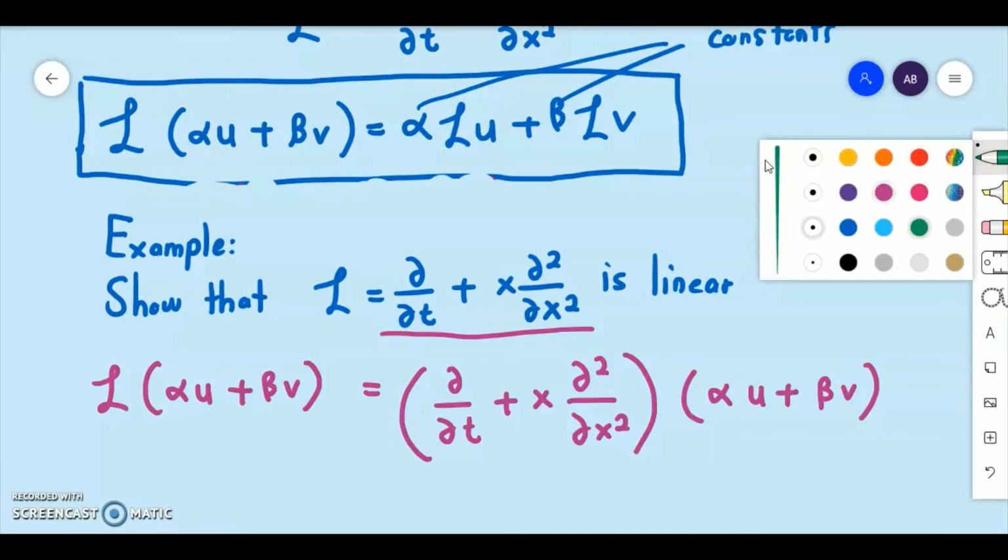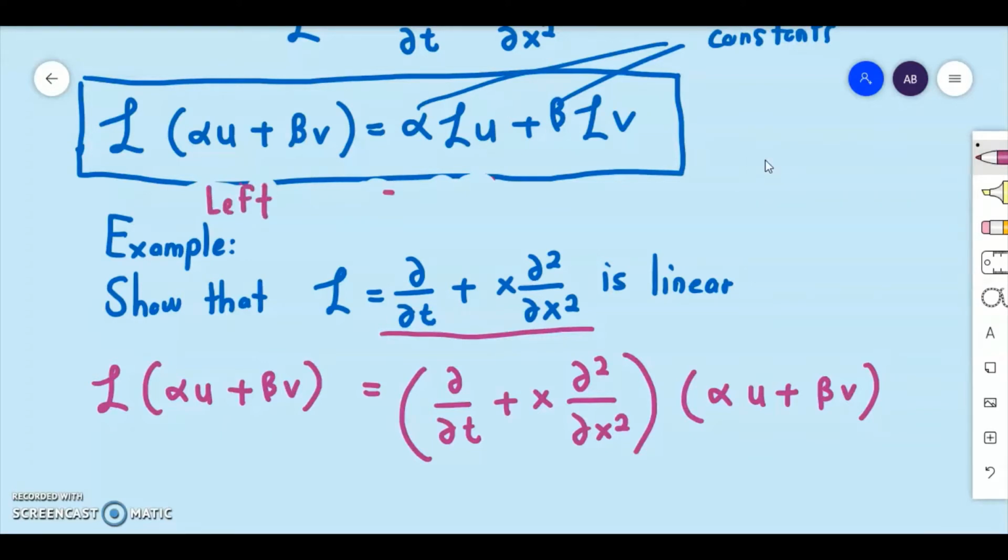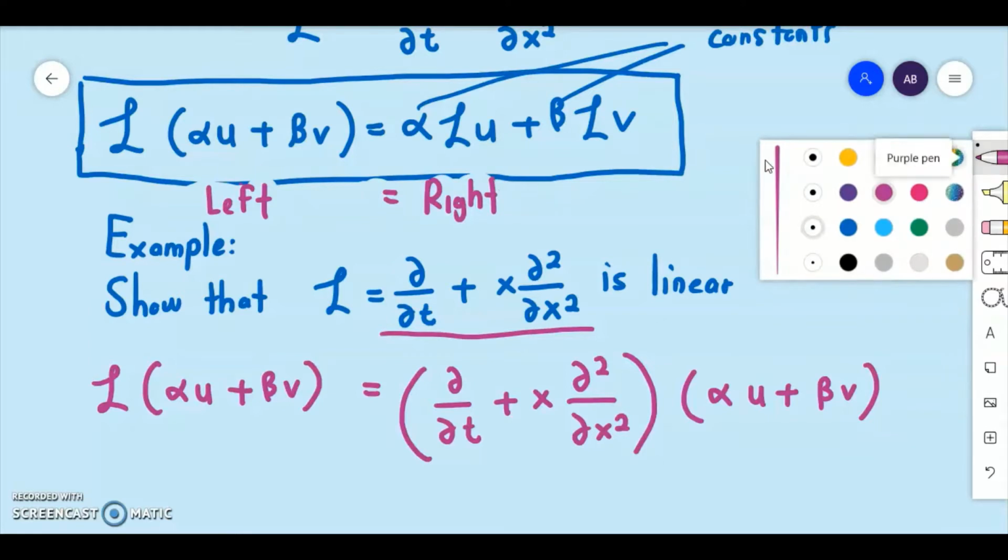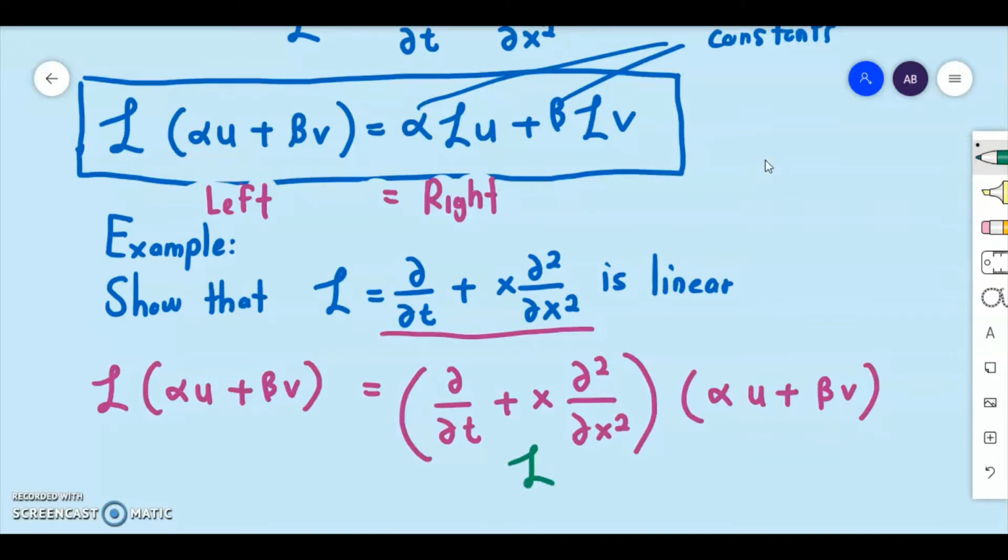So let's just change it. This is my left hand side equation, which must equal my right hand side. The left now is operator L applied to alpha u plus beta v, and I must show it equals my right hand side.